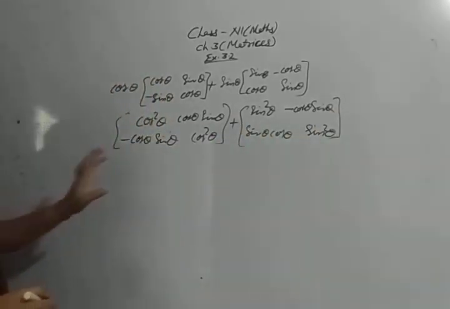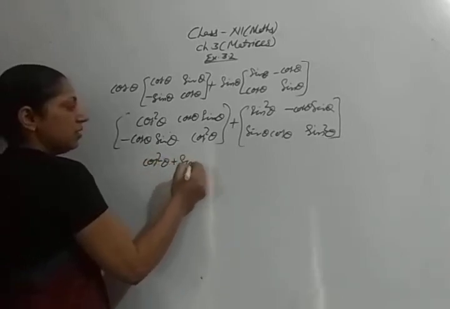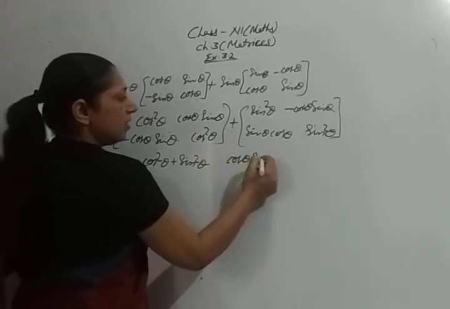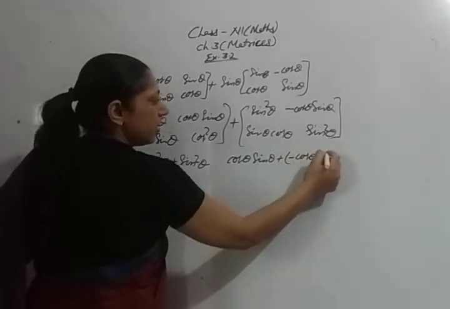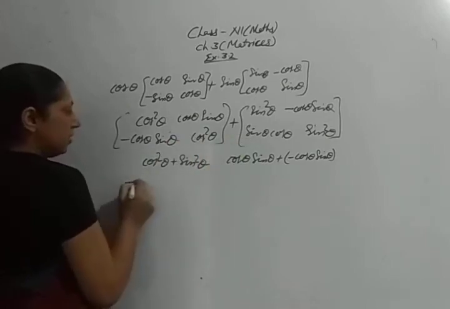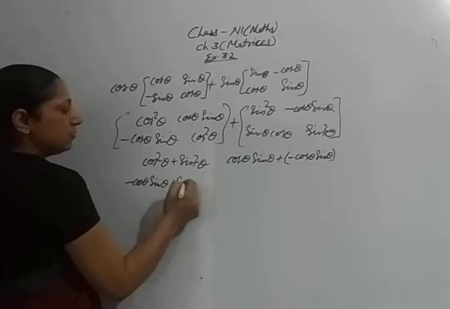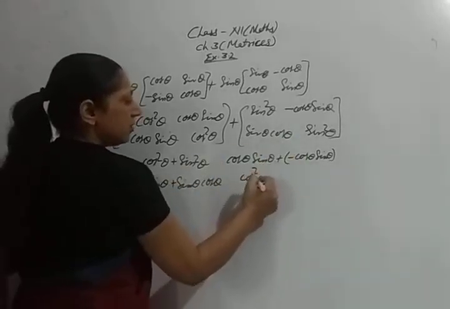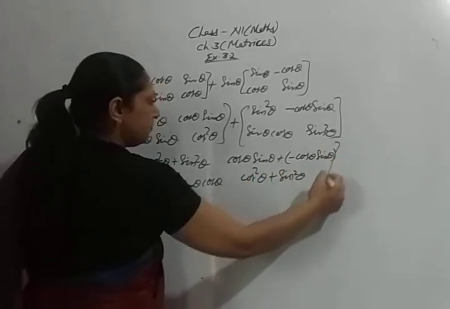Now we have to add both the matrices. It's cos square theta plus sin square theta; this one is cos theta sin theta plus minus cos theta sin theta; now add this one, it's minus cos theta sin theta plus sin theta cos theta; and this one is cos square theta plus sin square theta.